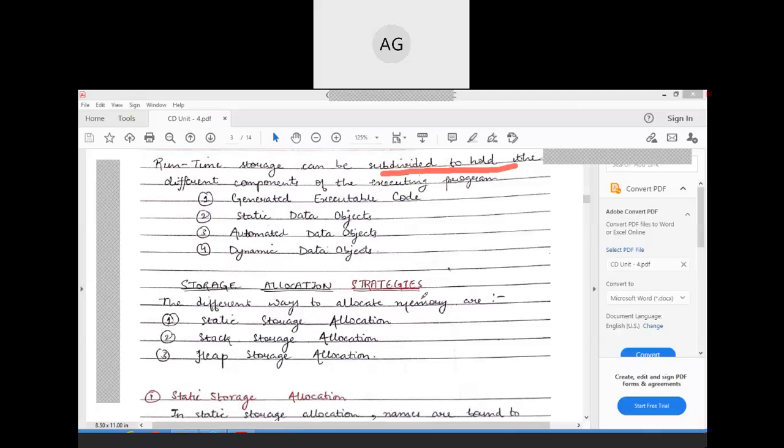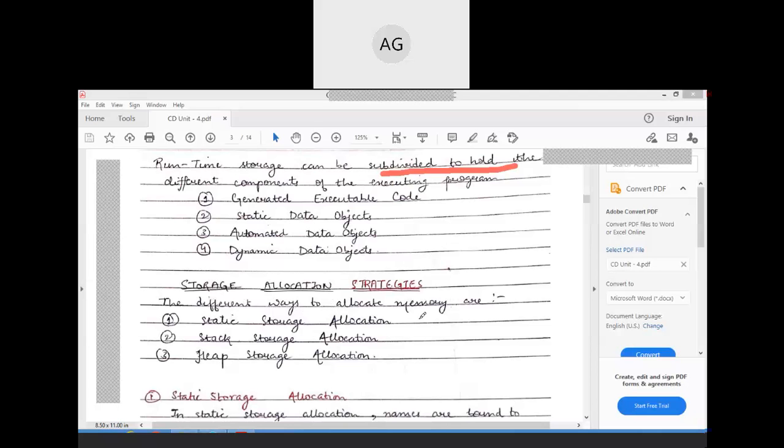So storage allocation strategies, as you already studied in your operating system, memory management, there are some memory management allocation strategies. In the same way, we have some different storage allocation strategies in runtime environment as well.